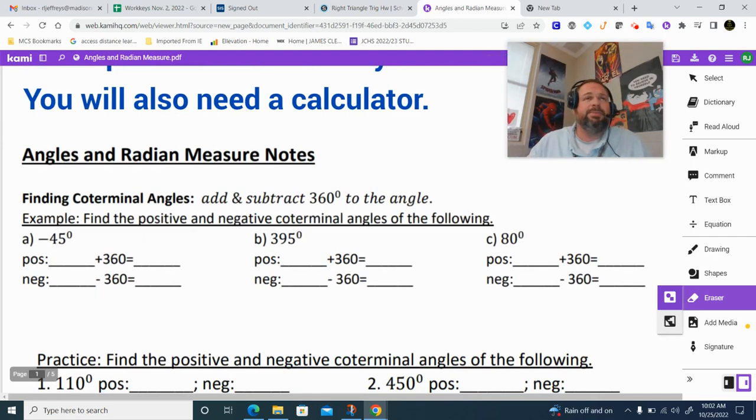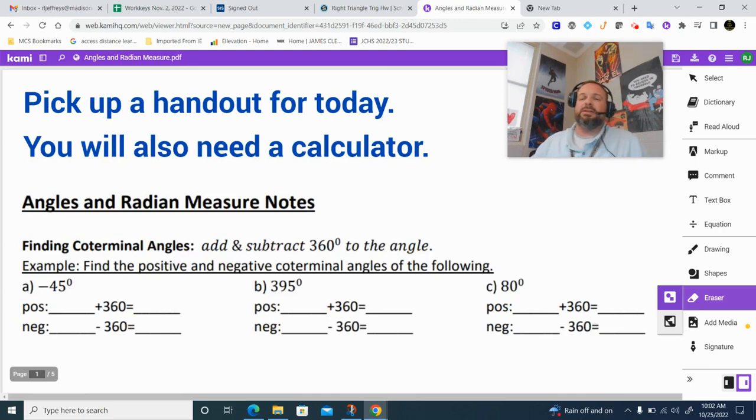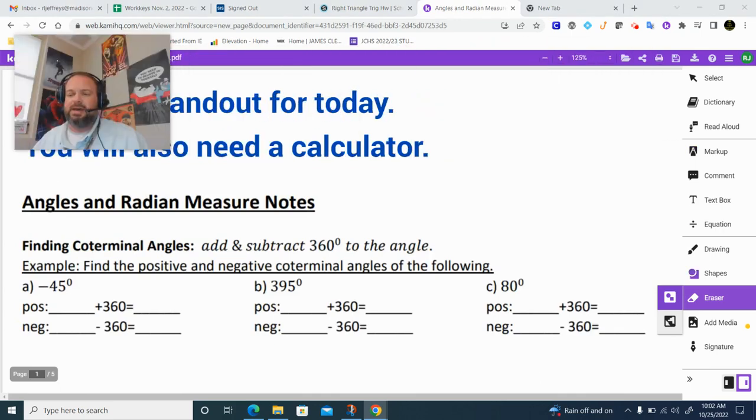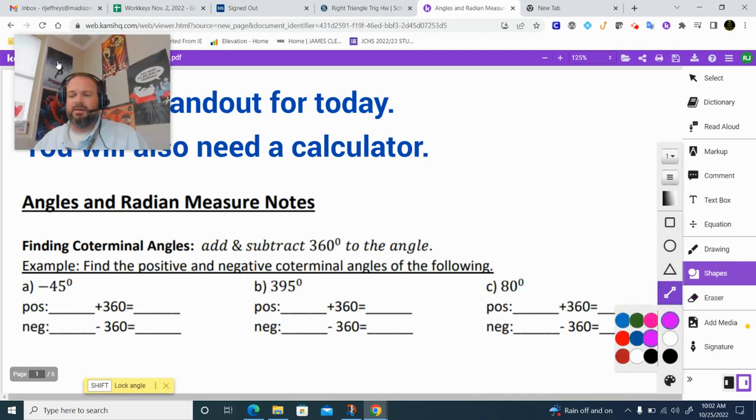Okay, so coterminal angles. Coterminal means they end at the same spot. Now, here's the deal.